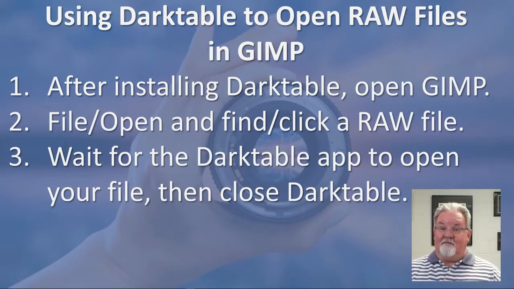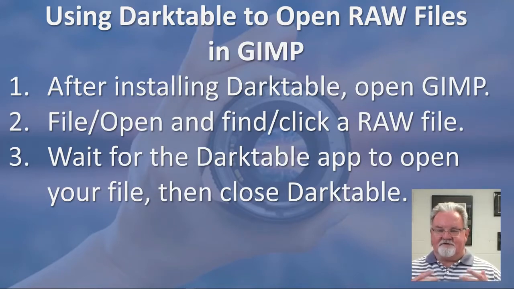GIMP can't do it by itself, so it needs this app. You just wait, and after a couple seconds the Darktable app will open up, and after a couple seconds more, the raw file you clicked on, you actually see a thumbnail or a smaller image of it there on the screen.